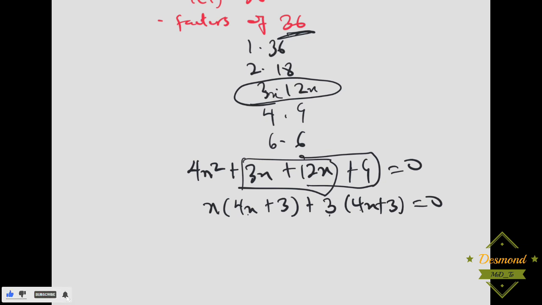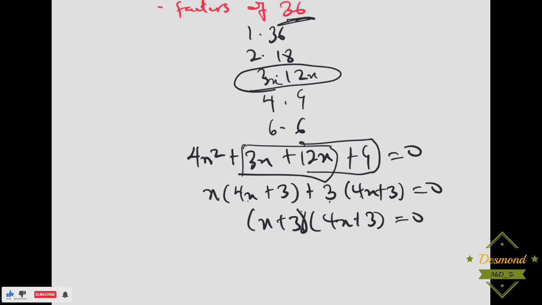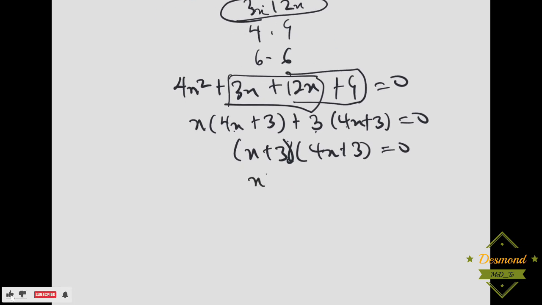Then we group them. So we have x plus 3 multiplying 4x plus 3 equal to 0. Then we solve for the variables, which is x plus 3 equal to 0. Then we have x equal to negative 3, or 4x plus 3 equal to 0. Then we have 4x equals negative 3.